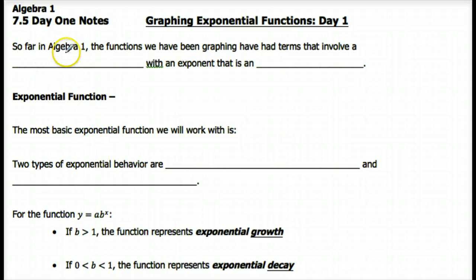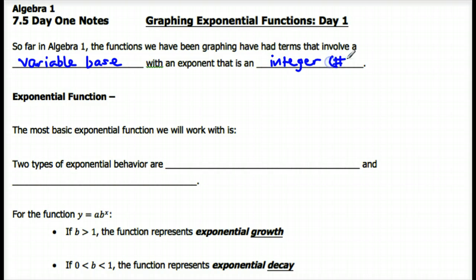So far in Algebra 1, everything that we've been graphing has had terms that involve a variable base. Okay, so everything we've graphed so far has had a variable base with an exponent that is an integer. And again, an integer is just a number.